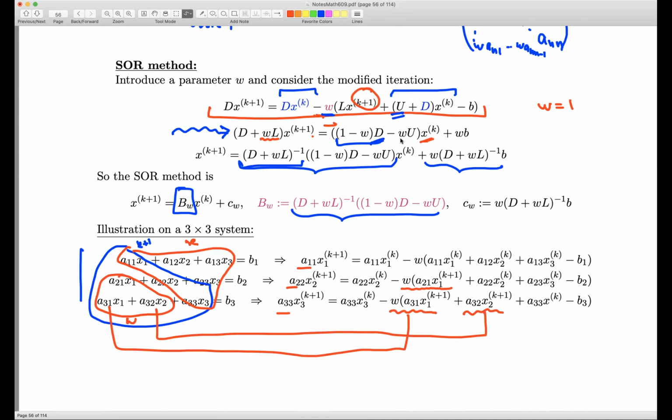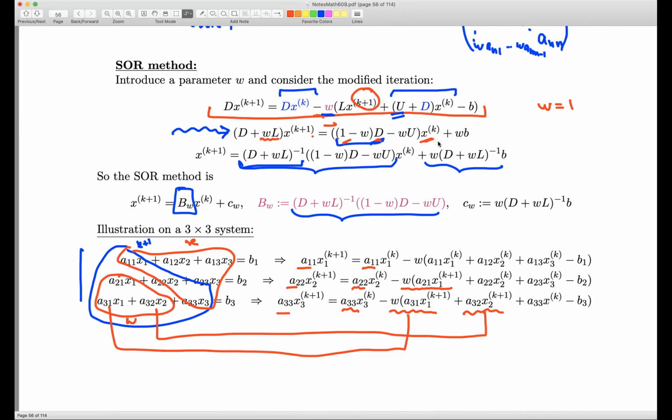Then if you look carefully here, you will have a D times xk, so you will have also on the right side xk with the elements on the main diagonal. So this red part, you will have A11 x1k, A22 x2k, and A33 x3k, which correspond to D times xk.